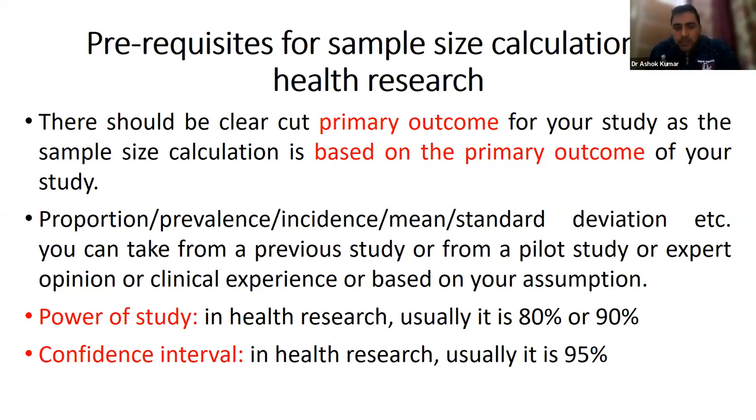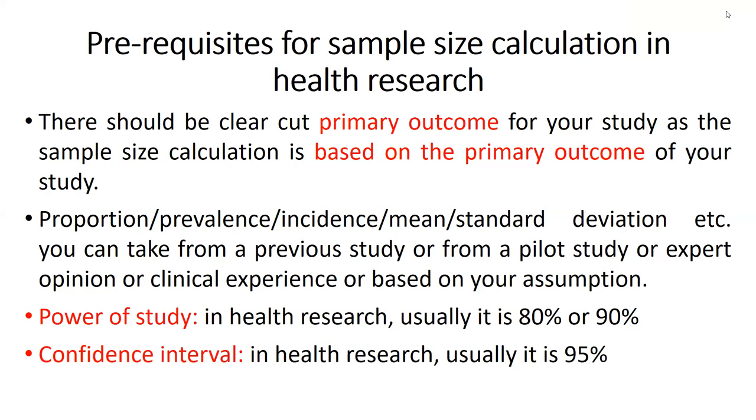But in qualitative or categorical type, it is like mortality, yes and no, depression, yes and no, success, yes and no, complication, yes and no. It is qualitative or categorical type.